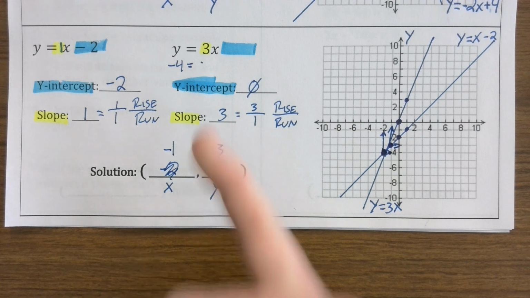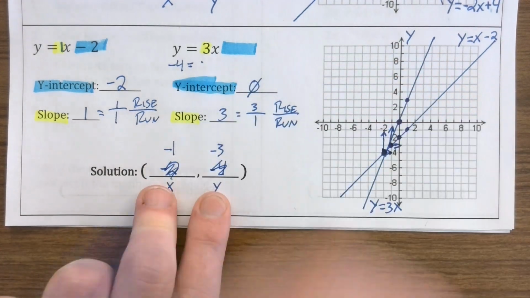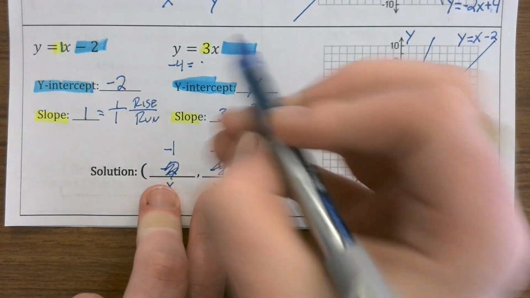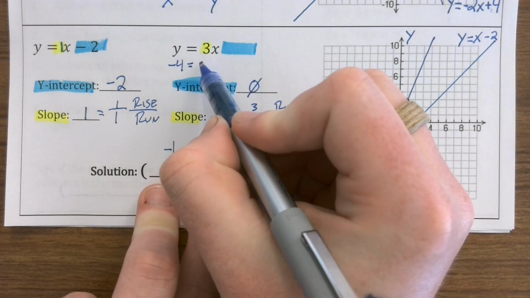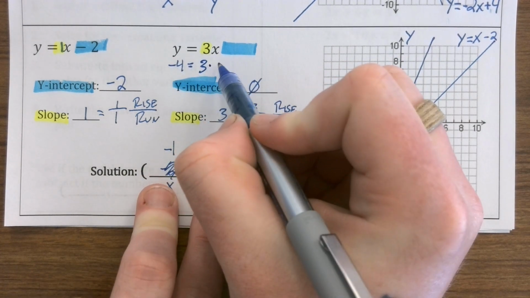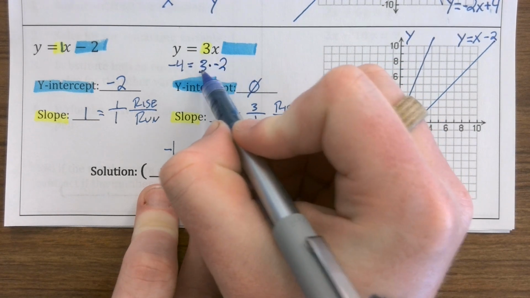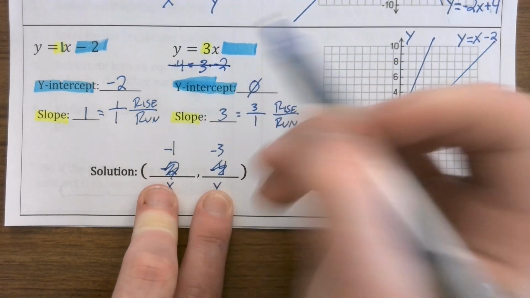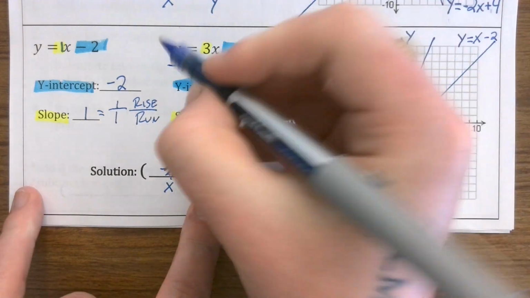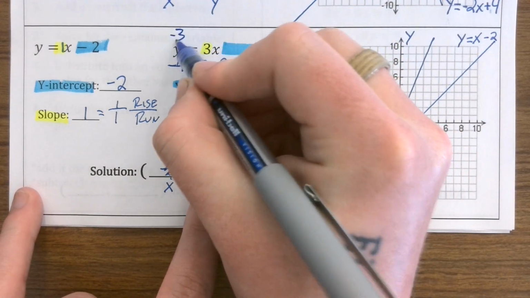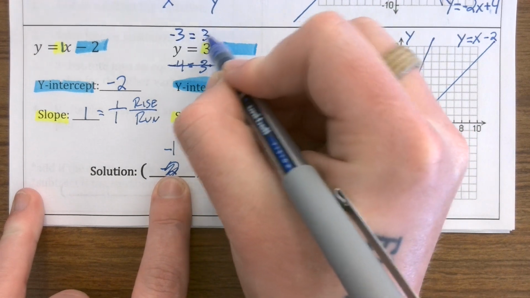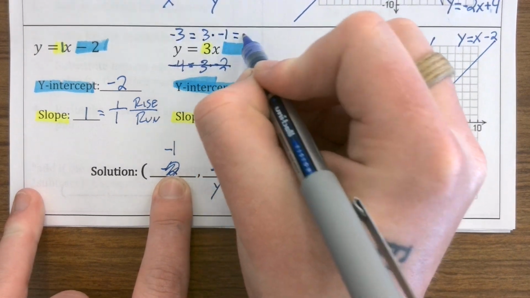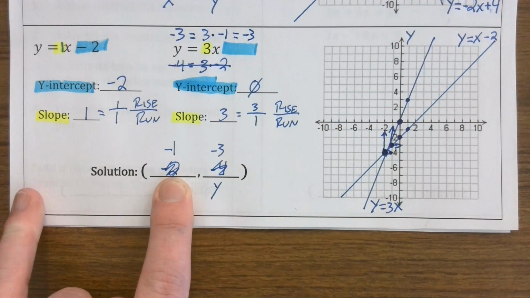Here's how I know that our original point was not true. -4 as our y value equals 3 times -2. 3 times -2 is -6, so this is not true. But if we plug in -3 equals 3 times -1, 3 times -1 is -3, so that is true.